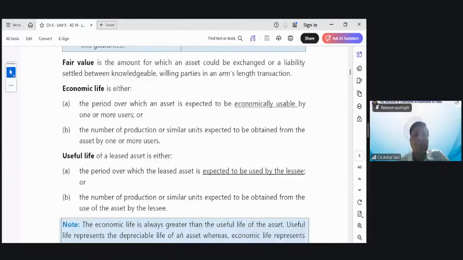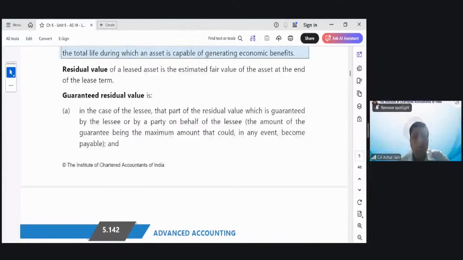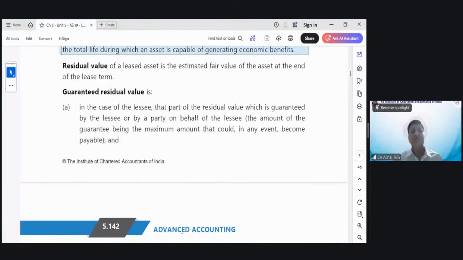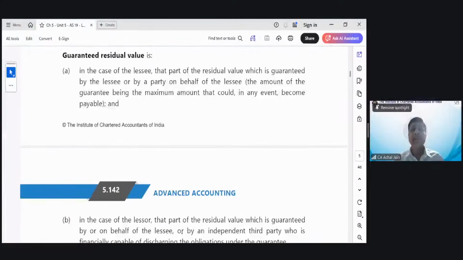Now, for the purposes of our discussion, let's quickly touch upon these definitions. What is residual value? Residual value of a leased asset is the estimated fair value of the asset at the end of the lease term. What is guaranteed residual value? In the case of the lessee, it's the part of residual value which is guaranteed by the lessee or somebody on behalf of the lessee.